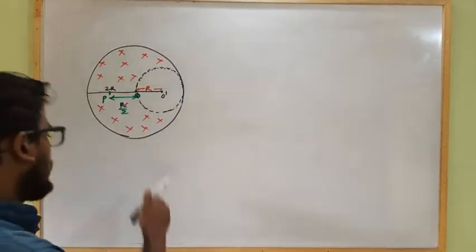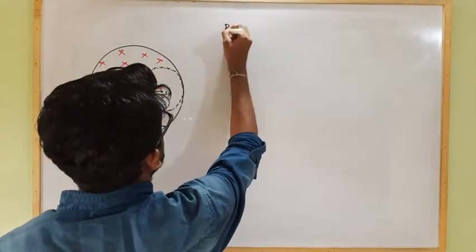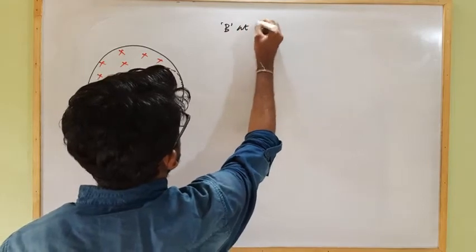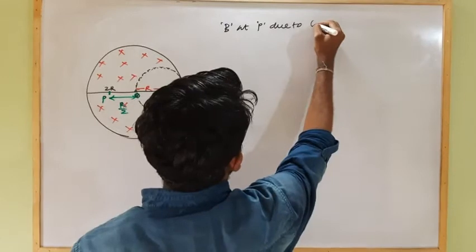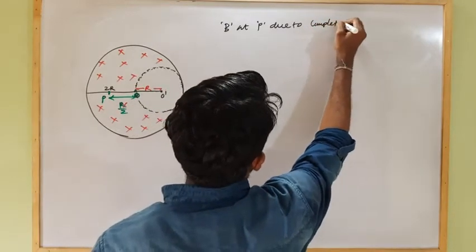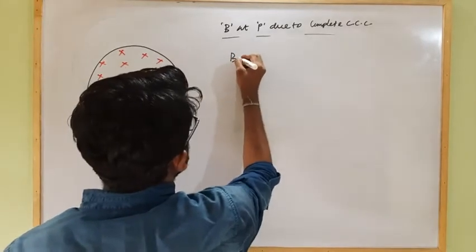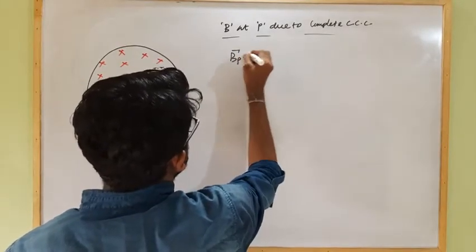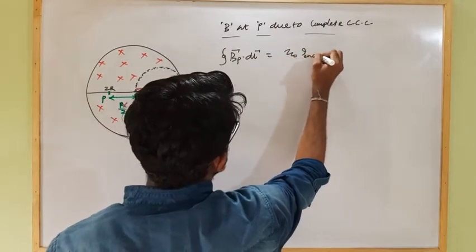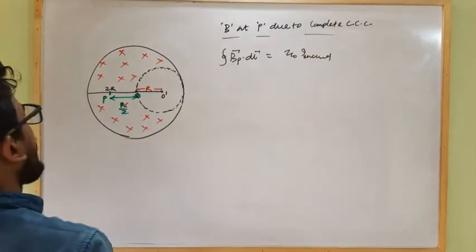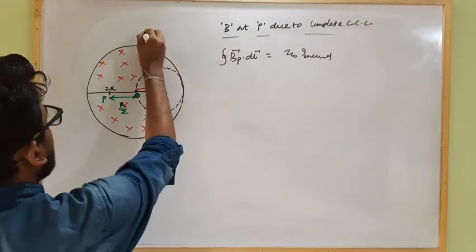Clear? So according to this condition, first we have to calculate B at P due to the complete current carrying conductor. So B at P dot dl vector closed line integral will be mu naught I enclosed. For the complete current carrying conductor, the given current density is J naught.